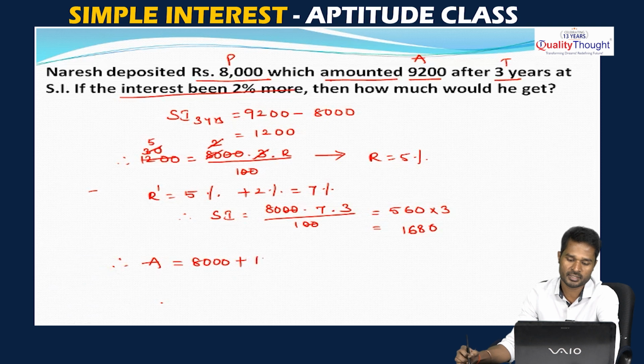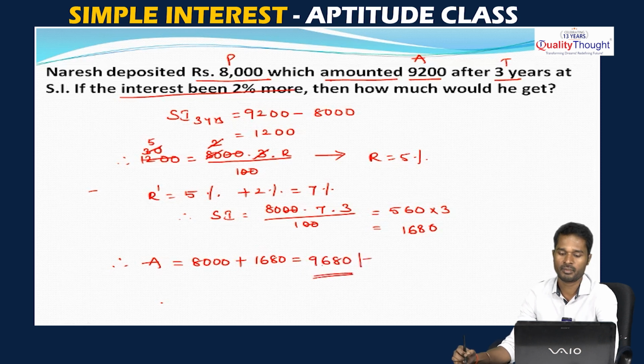The total amount he will get after increasing the rate of interest by 2% is 9,680 rupees. The previous rate of interest is 5%, and by increasing 2% more it becomes 7%. So the total amount we will get in this case is 9680 rupees.